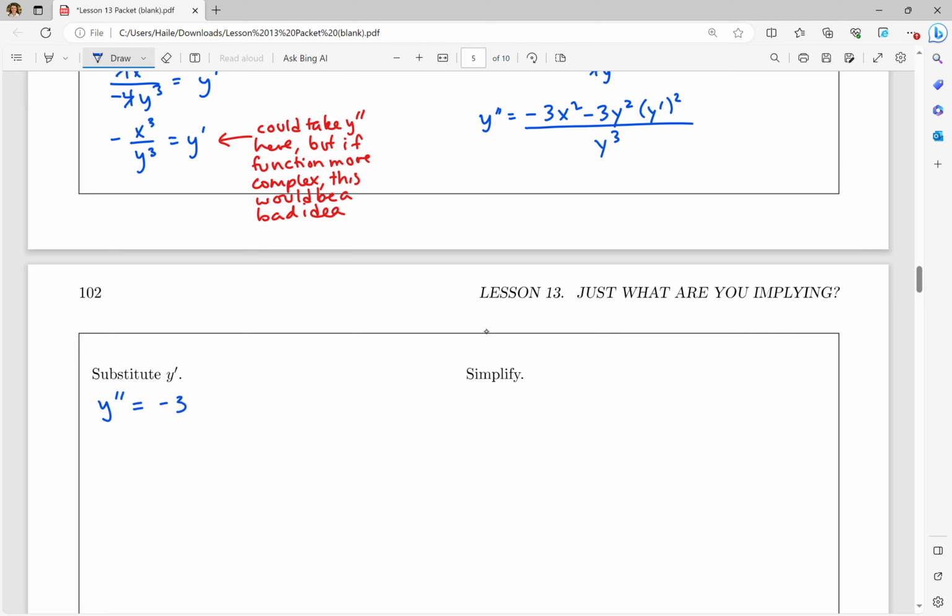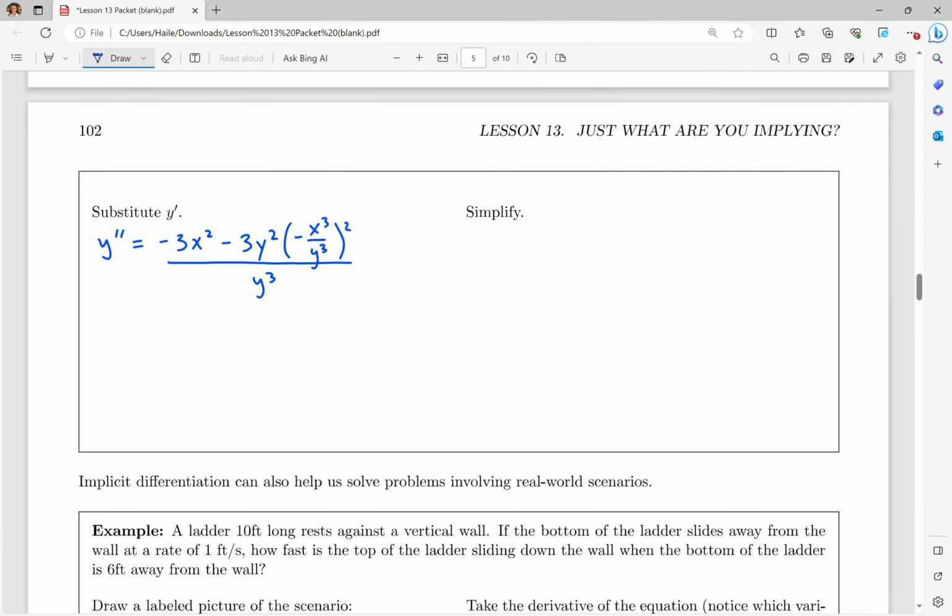So we have negative 3x squared minus 3y squared times negative x cubed over y cubed squared all over y cubed. So that's substituted y prime. So now I only have x's and y's, and now I just want to simplify.